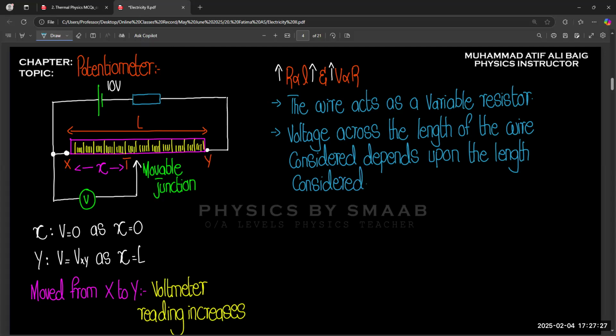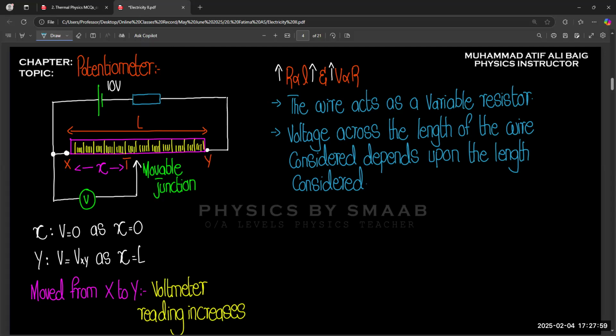So basically, with the help of the length, in a practical scenario, we can also perform this setup practically because it is a very simple setup. We just need to take one 10-volt battery or power supply, one resistor, and one point connected on one side and the other on the other side. And there is a gap between these two points, X and Y. There is a simple wooden meter rule connected, because wood is a bad conductor, an insulator, so it will not conduct electricity.